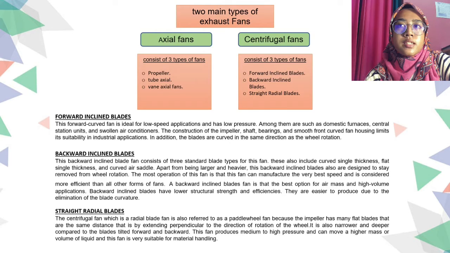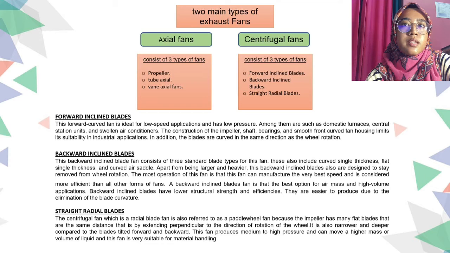Among them are domestic furnaces, central ventilation units, and small air conditioners. The construction of the impeller, shaft, bearing, and the forward curved fan housing limits its suitability in industrial applications. In addition, the blades are curved in the same direction as the wheel rotation.